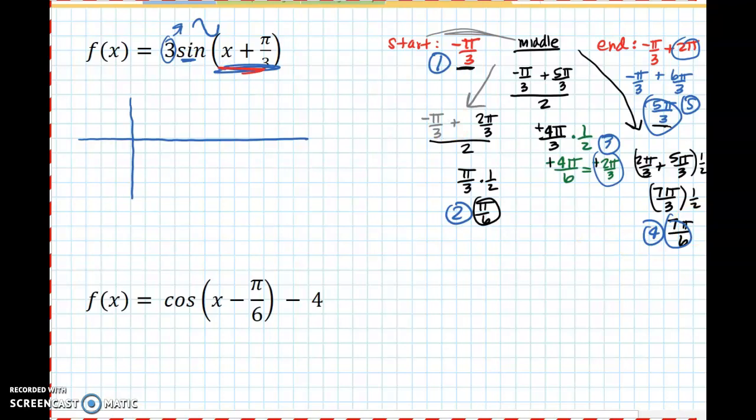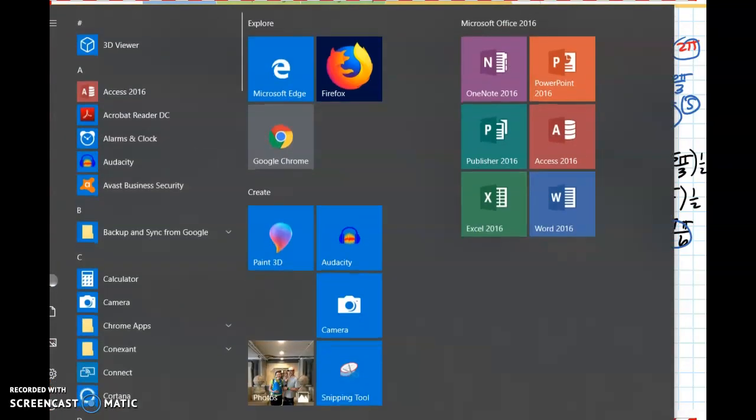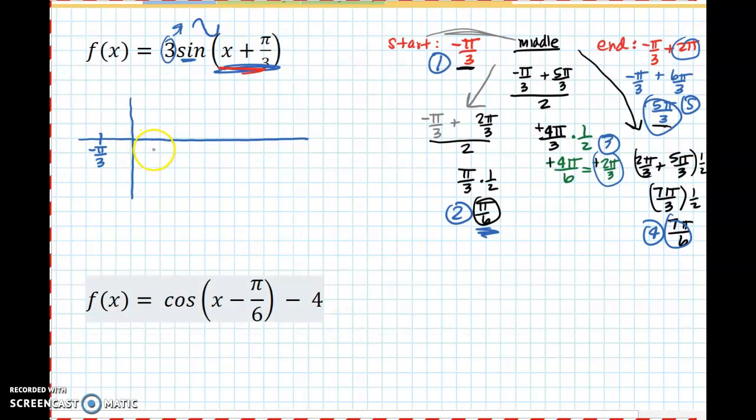So my starting point is at negative pi over 3. And then I go to pi over 6. Let's erase the x-axis for right now.